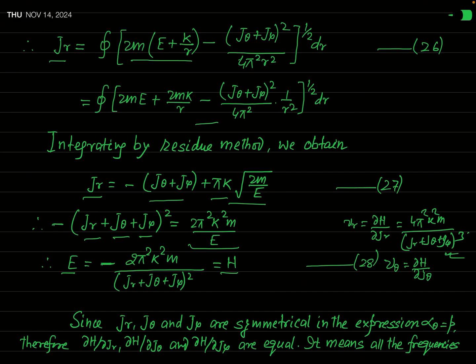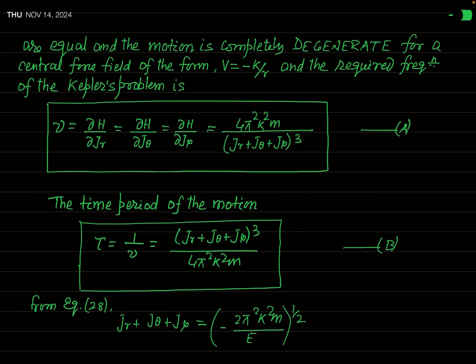Jr, jθ and jφ are symmetrical in the expression, therefore ∂H/∂Jr, ∂H/∂jθ and ∂H/∂jφ are equal. It means all the frequencies are equal and the motion is completely degenerate.